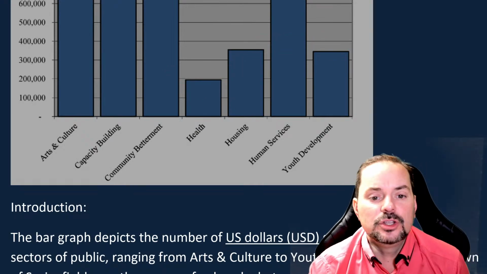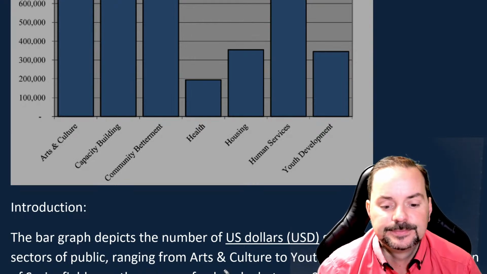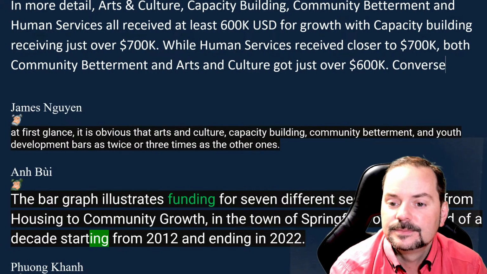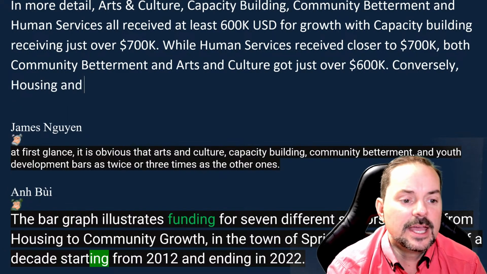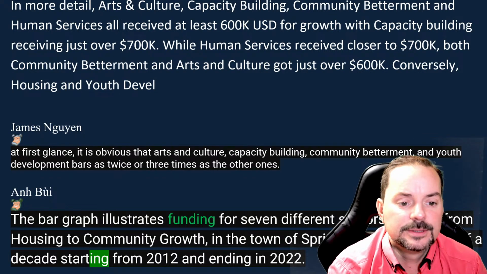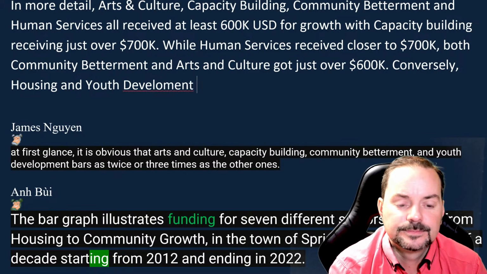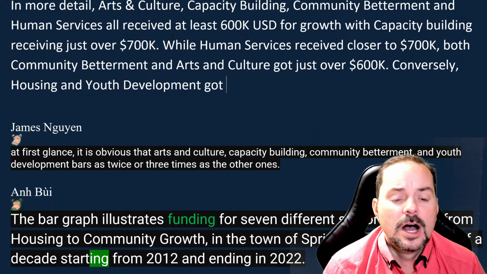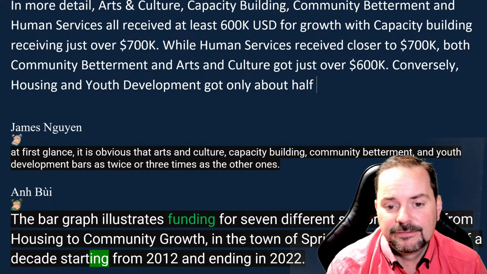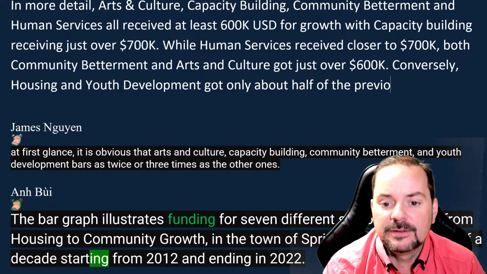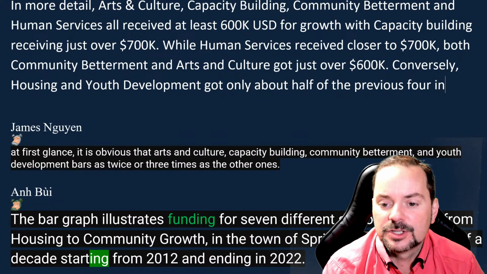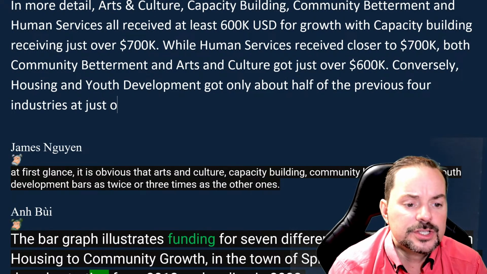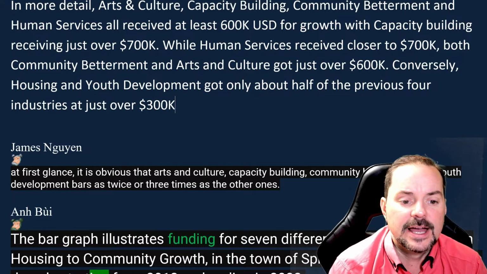So conversely, housing and youth development got only about half of the previous 4 industries, at just over 300,000 each.